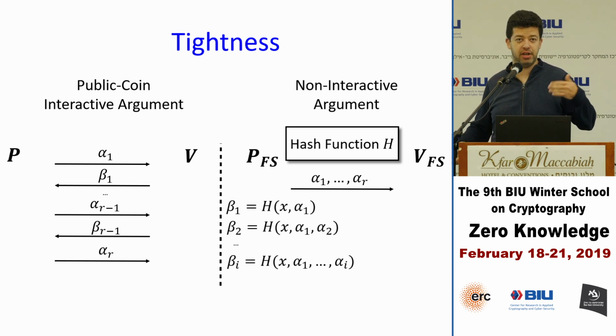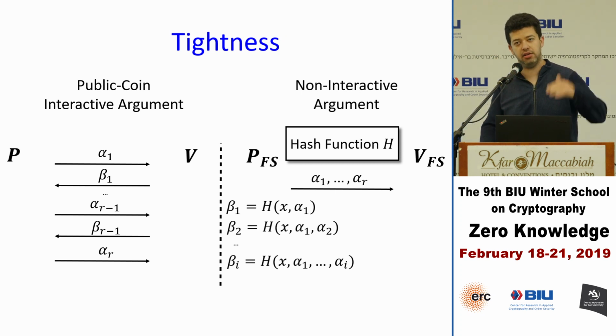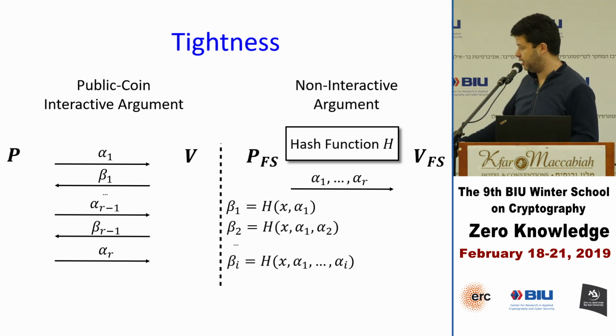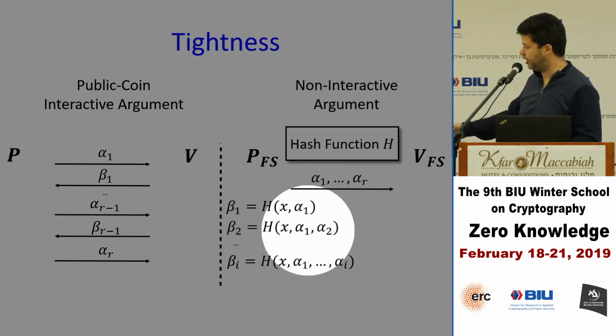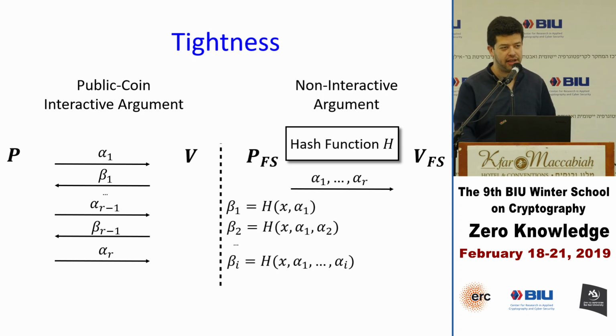Once I get such a beta1, I can proceed. Now I'll choose alpha2, a constant number of times, until beta2 is good for me. I can go on like this to eventually win with probability close to 1, in expected polynomial time. I hope that answers the question.